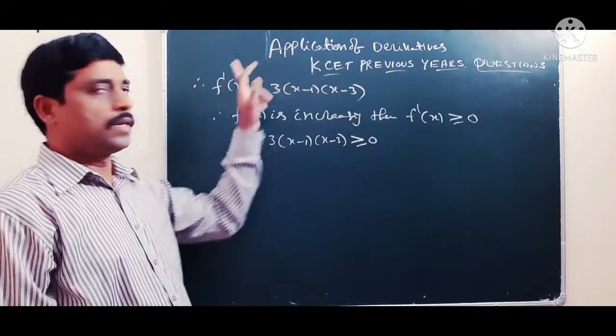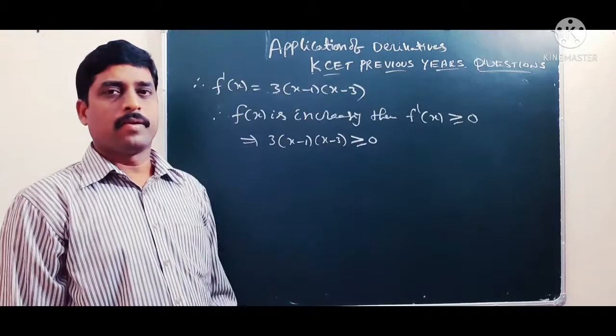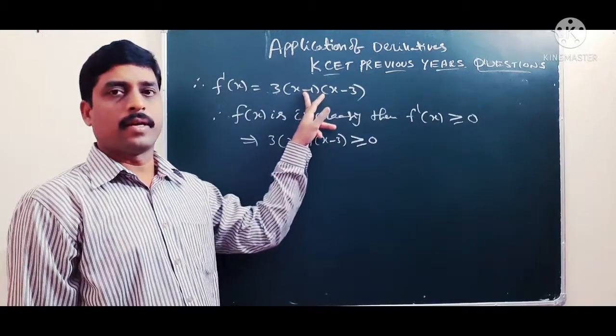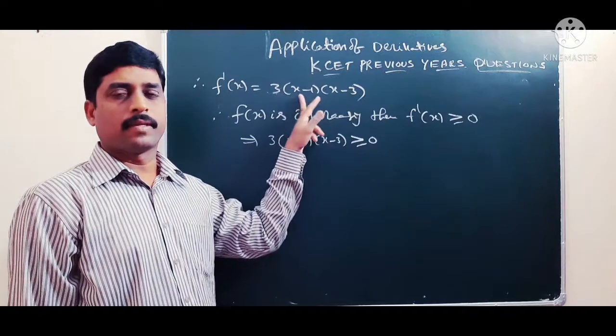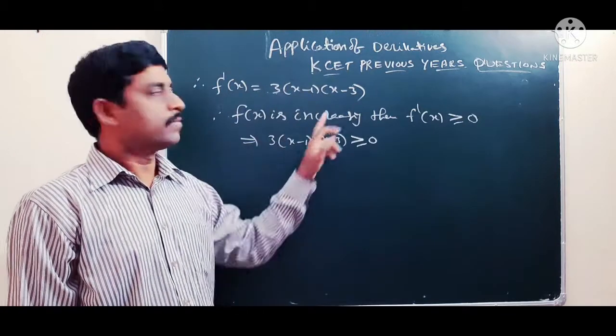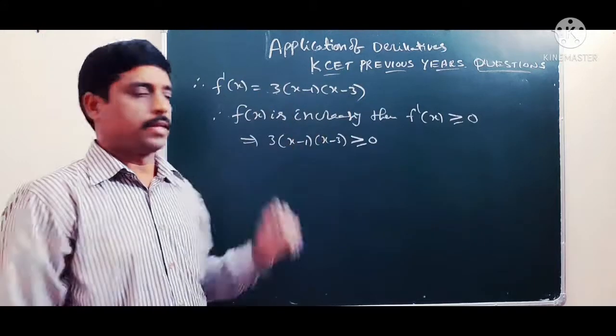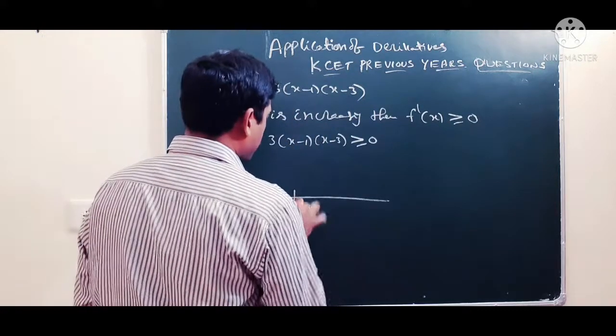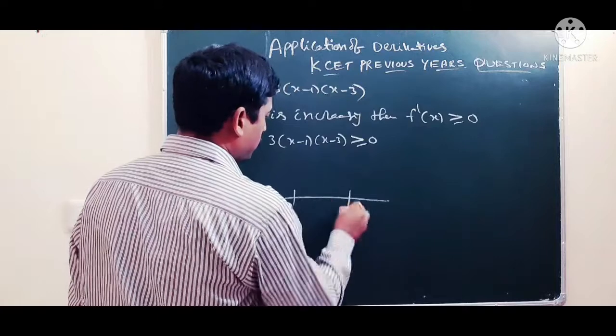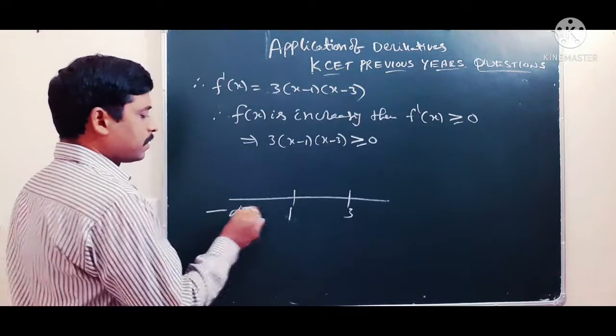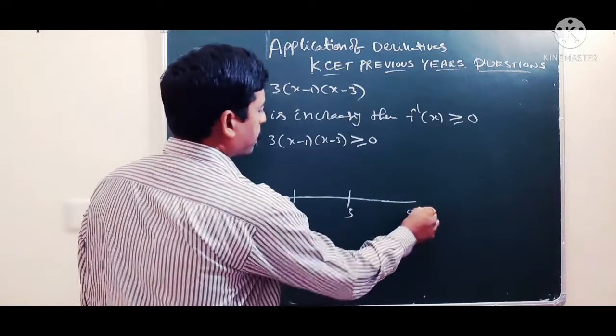If f dash x equals 0, then find the x values, where x value is 1 and 3. If x minus 1 equals 0, x is 1. If x minus 3 equals 0, we get x equal to 3. So 1 and 3 are critical points. This is minus infinity to plus infinity, right?